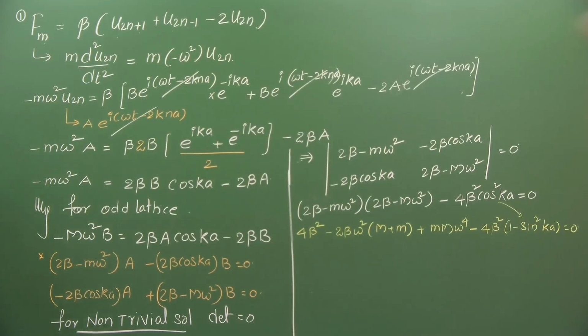Let's proceed. Please substitute cos square theta as 1 minus sin square theta, and 4 beta square cancels, and please write omega power 4 plus whatever the remaining, write it down.